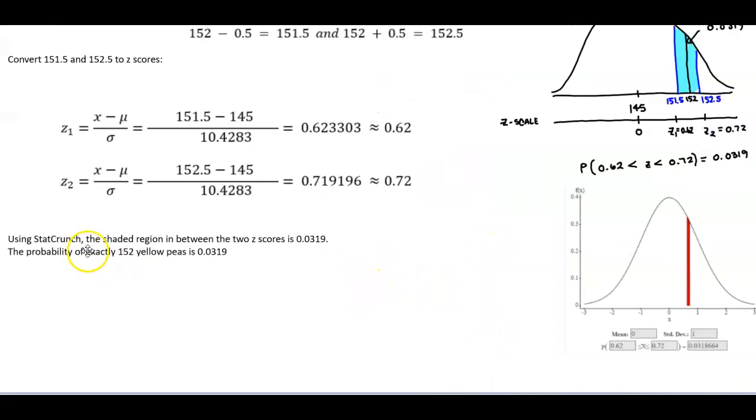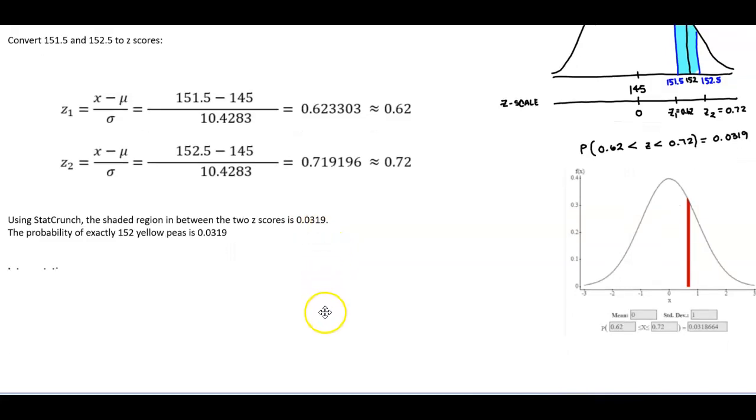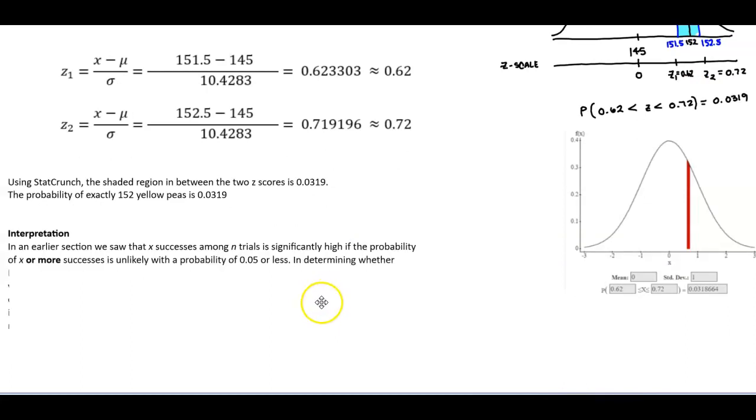So, using StatCrunch, the shaded region in between the two z-scores is 0.0319. So the probability of exactly 152 yellow peas is 0.0319. When we use the table, we get 0.0318. So using technology gave us a value at 4 decimal places that was slightly different from the one using the table.